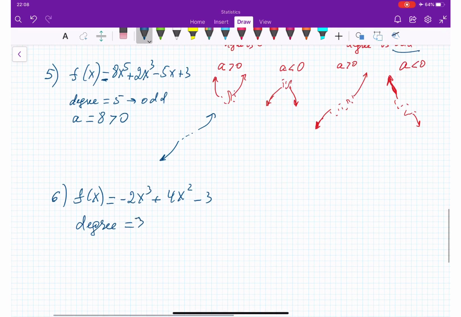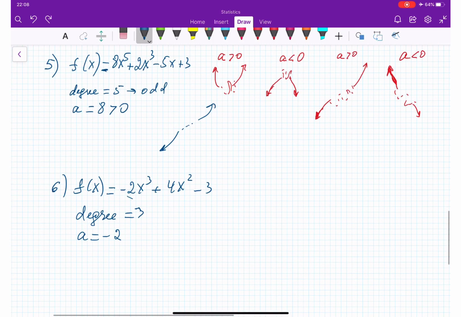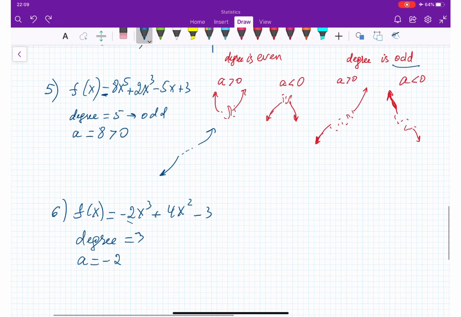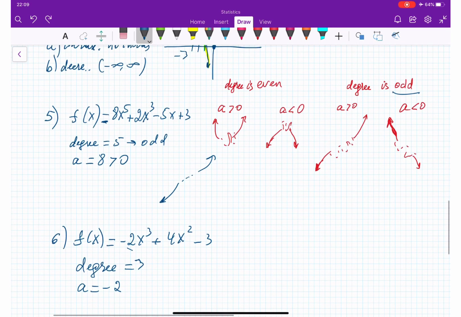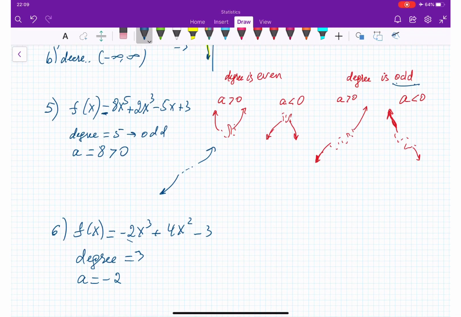And coefficient a is negative 2 for that one. Okay? So the graph's a is negative and degree is odd. Here we have degree odd and a is negative. So the end behavior is going to be like this, because it's this case, right?